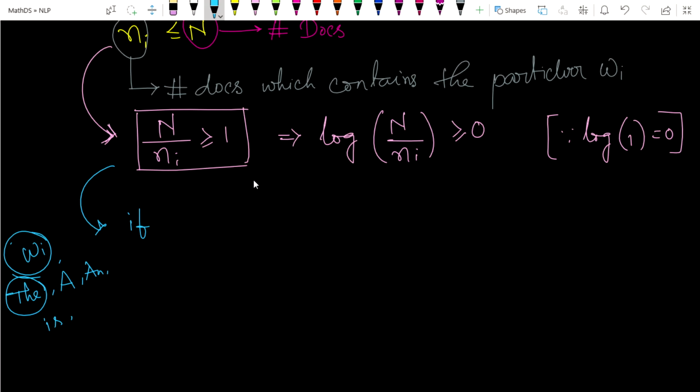So ni is increased. If ni is increased, then capital N by small ni must be decreased.